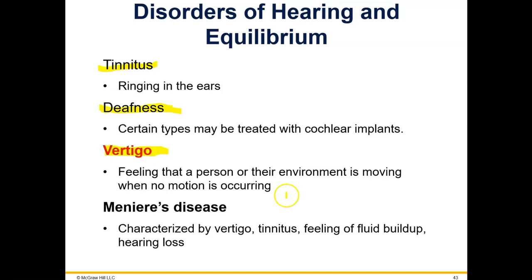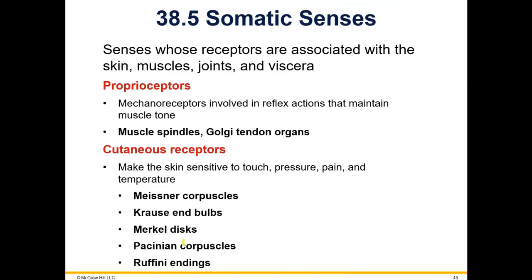It's a feeling that the person is moving or their environment is moving, even though there's no movement. Then there's Meniere's disease, which is characterized by several of the above: vertigo, tinnitus, and some partial hearing loss, and it can even lead to complete hearing loss.